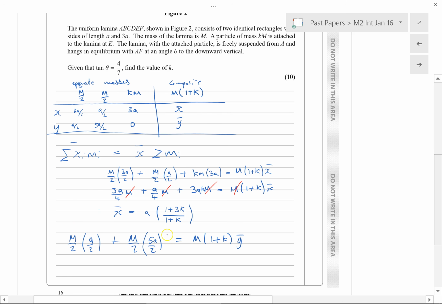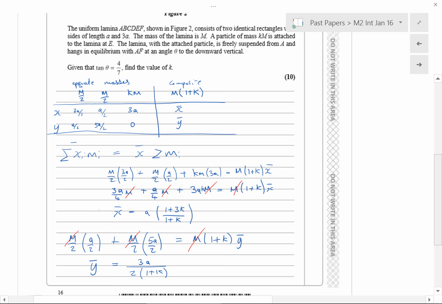Now combining these two here, first of all we can see m cancels again, and then combining these two together we're going to get 6a over 4, 3a over 2. So that will simplify down to y bar is equal to 3a over 2, 1 plus k. Okay, so that's our y bar.